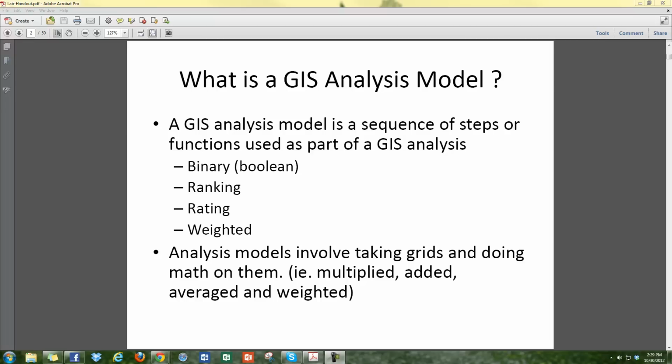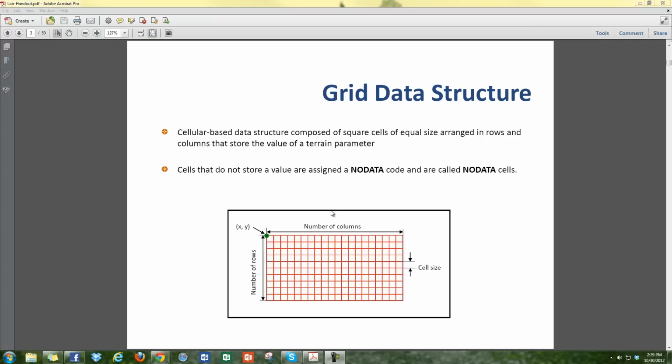Basically, analysis models involve taking grids and doing math on them, the same way we were doing with the Raster Calculator and raster analysis. We take a bunch of rasters and do math on them to determine habitat suitabilities. We all remember what the grid data structure is.